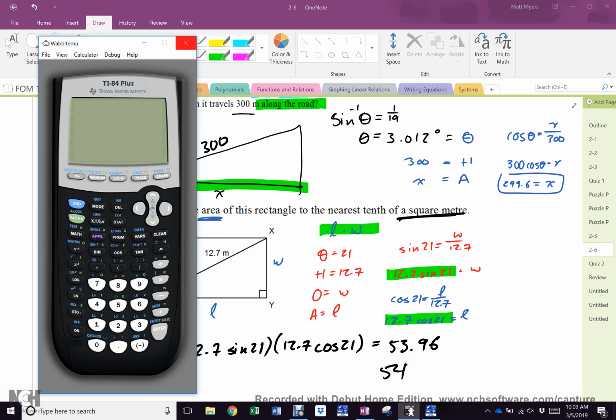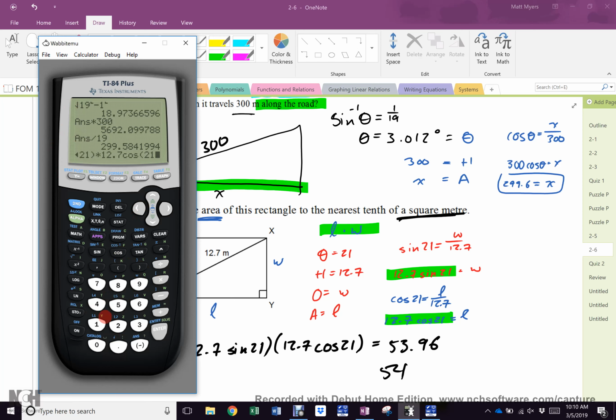Now remember, if you're going to do this right, 12.7 sine 21, and your calculator puts these brackets in, you must remember to close the bracket, times 12.7 cos 21.